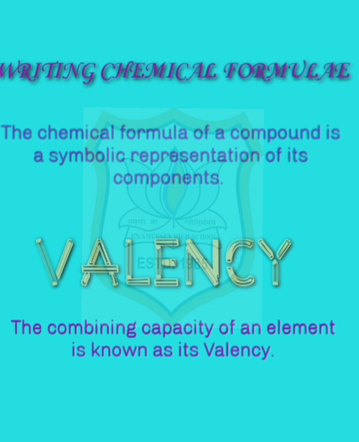Therefore, the number of electrons present in the outermost orbit of the atomic shell will decide its valency, and on the basis of valency we can combine the elements to make them a compound. So valency is very important. We can say the valency of the atom of an element can be thought of as the hands or arms of that particular atom.